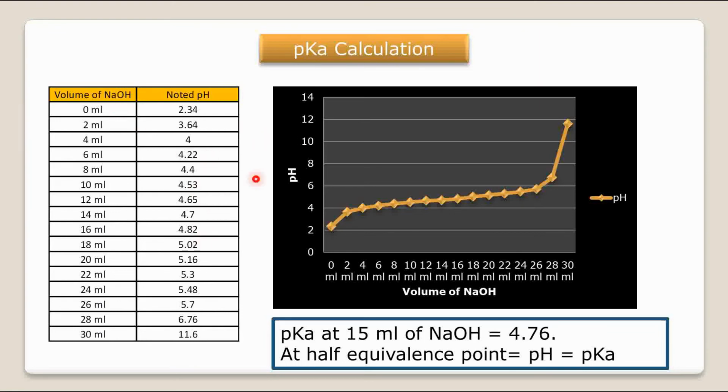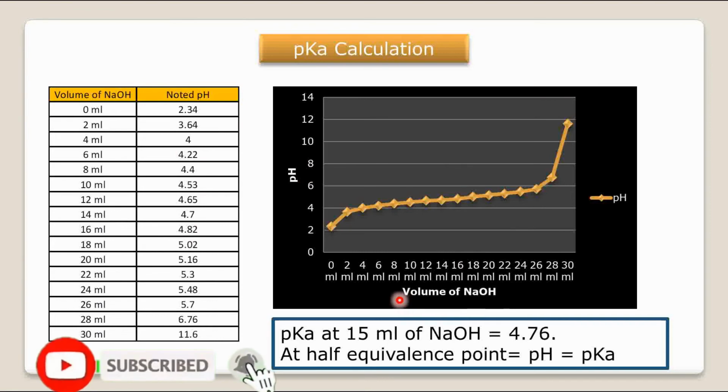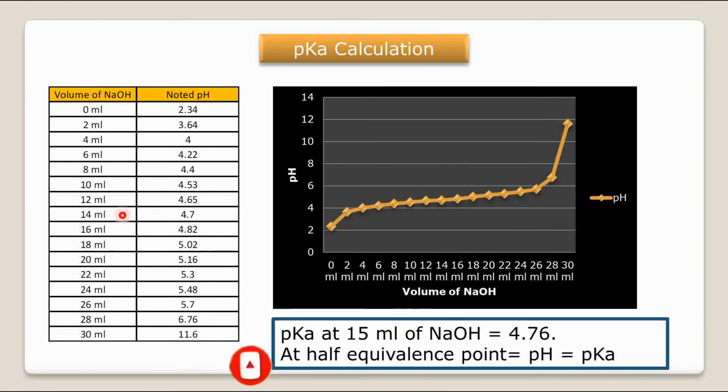Using this data we have plotted a graph, and we understood that at the half equivalence point, towards the mid of the titration, the pH is equal to pKa.